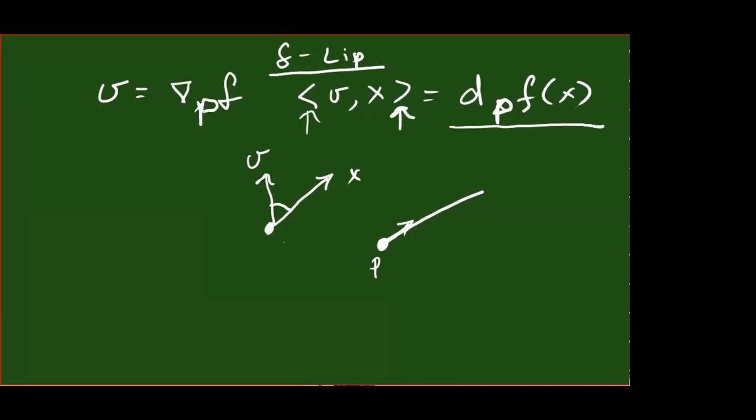There is no linear structure, but still there is an angle, and I simply define the scalar product as the distance to 0 from v times the distance to 0 from x times cosine alpha, as we learned in school.